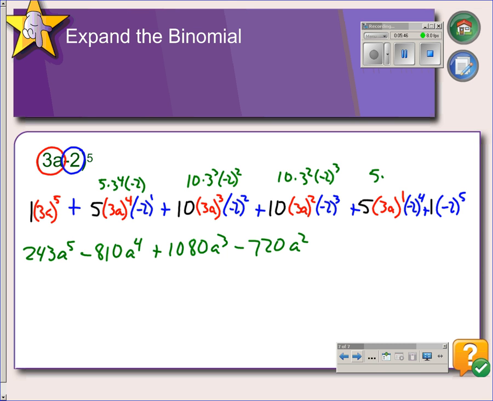Then we have 5 times 3 to the first times negative 2 to the fourth, and that is positive 240. And finally, we have 1 times negative 2 to the fifth, which is negative 32. So that's expanding a binomial.